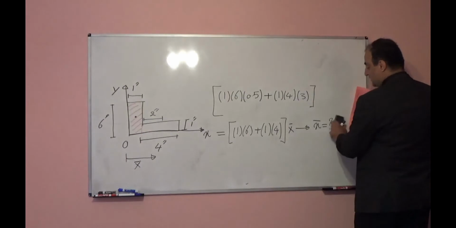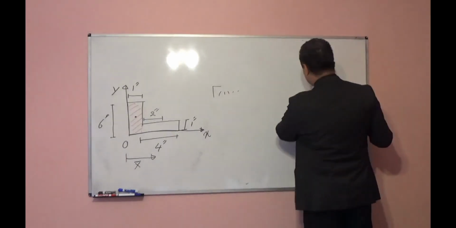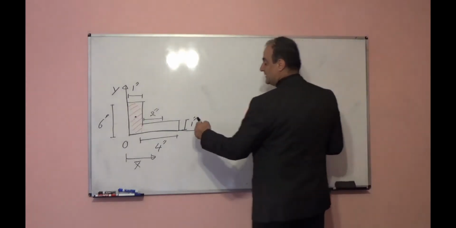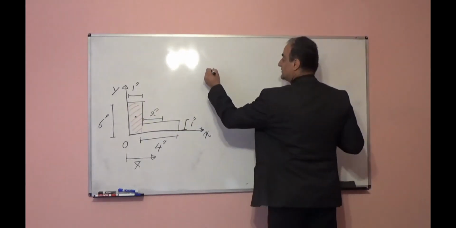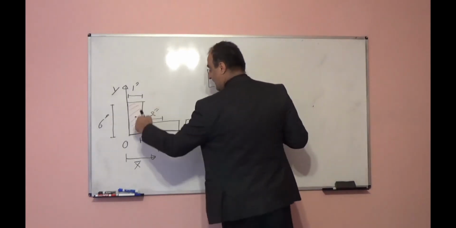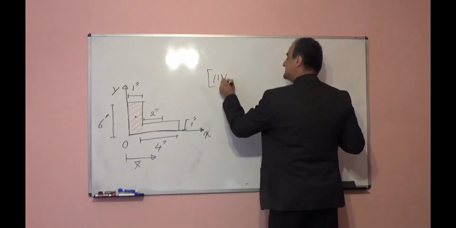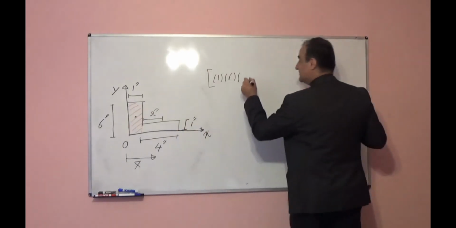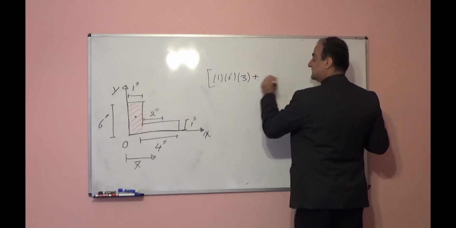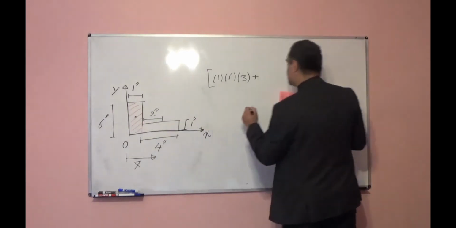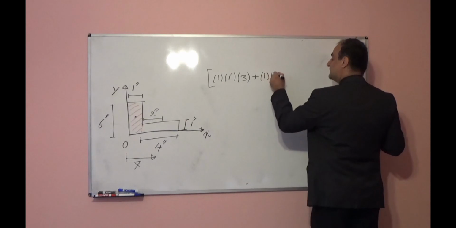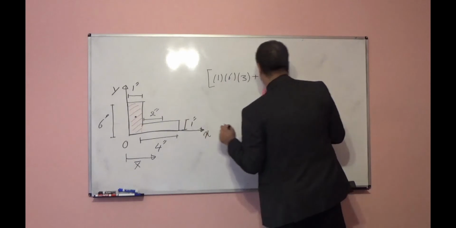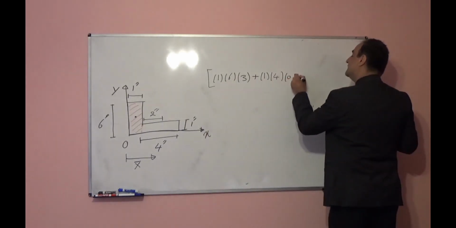How about y bar? For y bar, I can take moment of area respect to x-axis. Again, I will divide to two rectangular. For rectangular number 1, it will be 1 times 6 total area times the distance of centroid up to x, it will be 3, plus for rectangular number 2 area will be 1 times 4 times the distance of centroid up to x, it will be 1 over 2, it will be half.